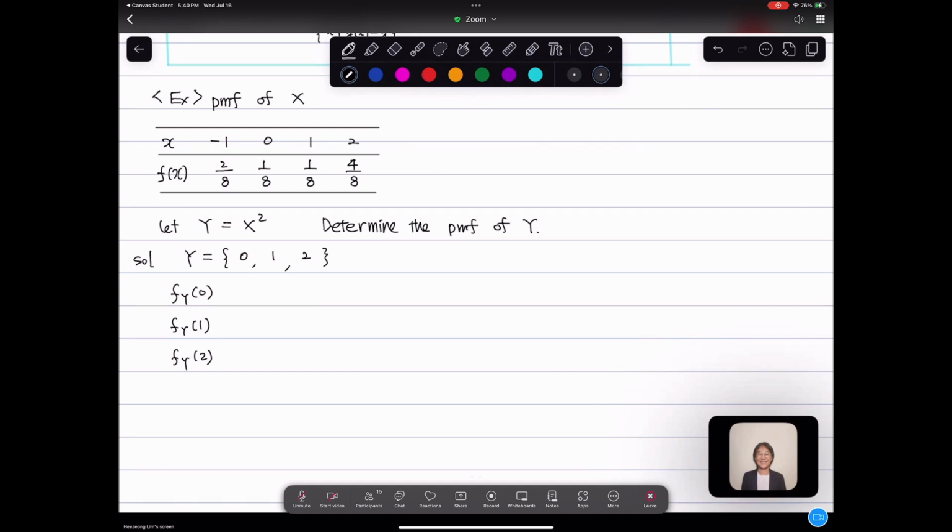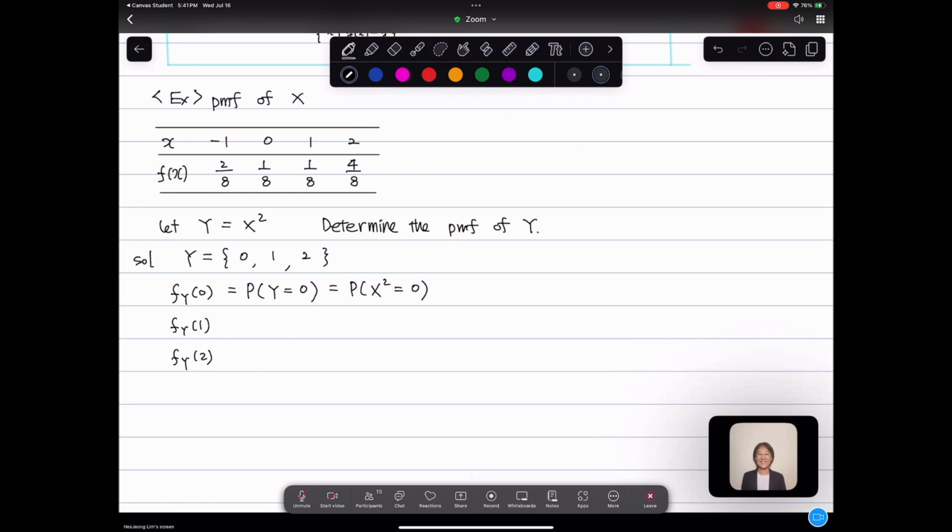So f of y of 0 means the probability that your y random variable equals 0. But now my y is x squared, so we're going back to the x random variable. We are trying to get all the x values that, when you square them, give the value 0.